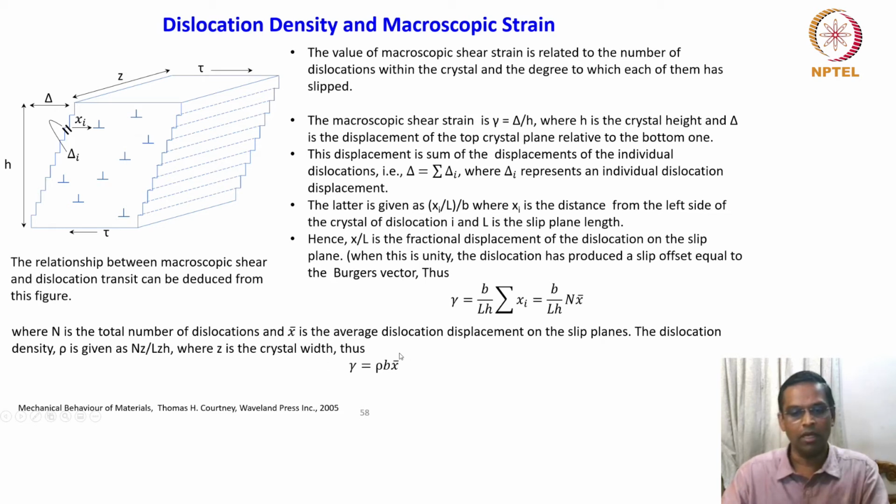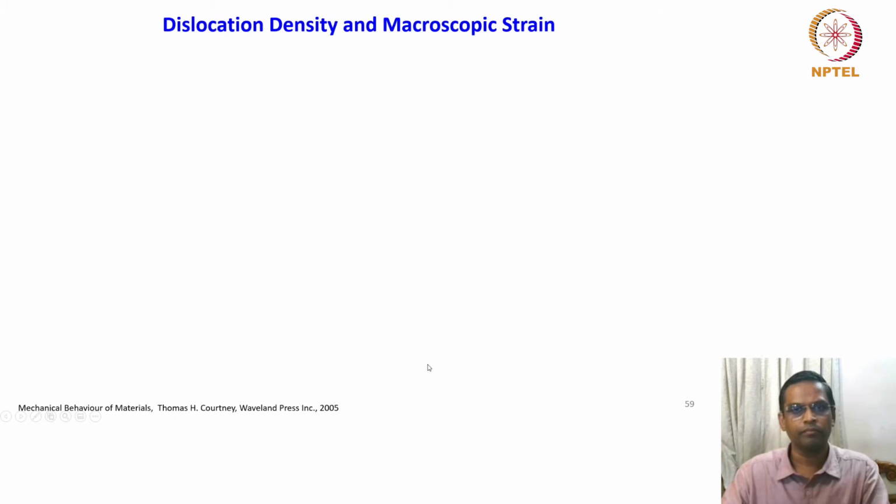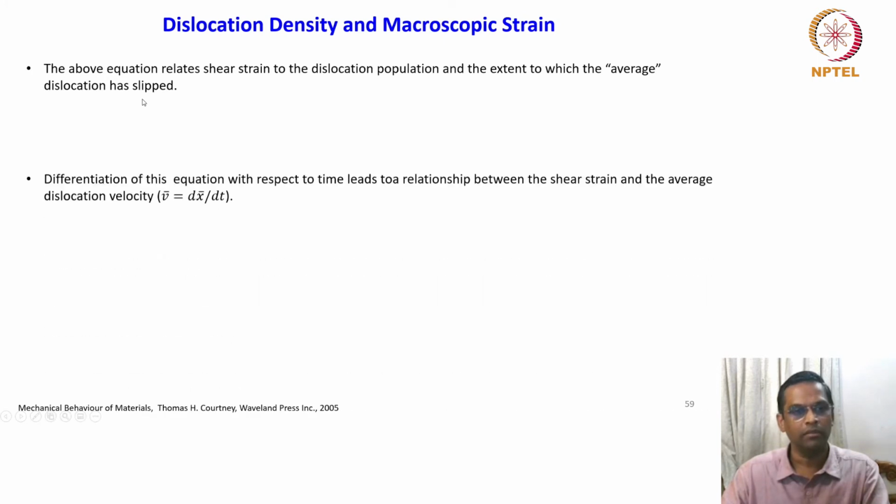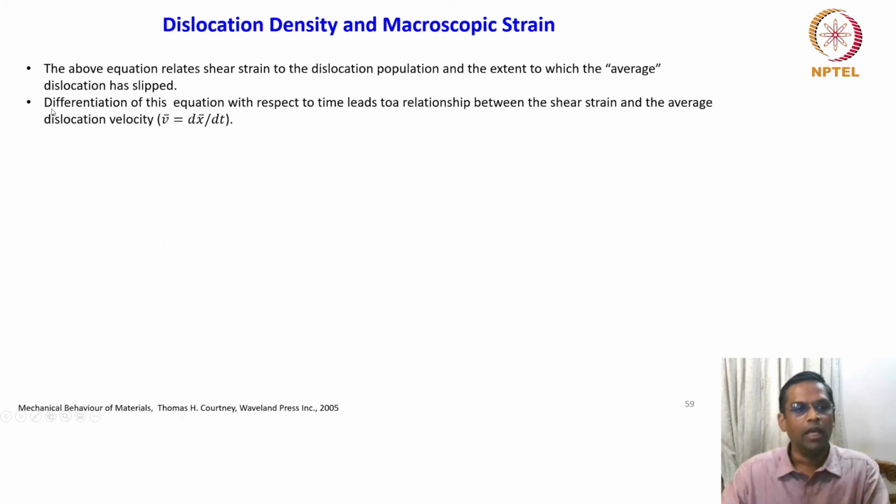This is one important expression relating the dislocation density with macroscopic shear strain. The above equation relates the shear strain to the dislocation population and the extent to which the average dislocation has slipped. Differentiation of this equation with respect to time leads to a relationship between shear strain and average dislocation velocity.